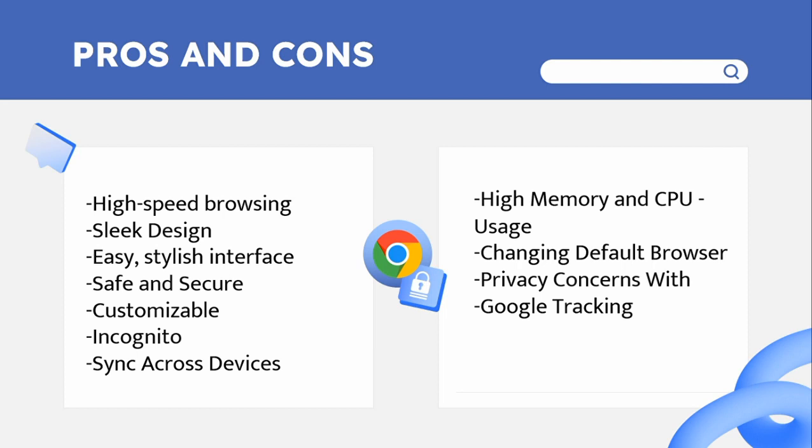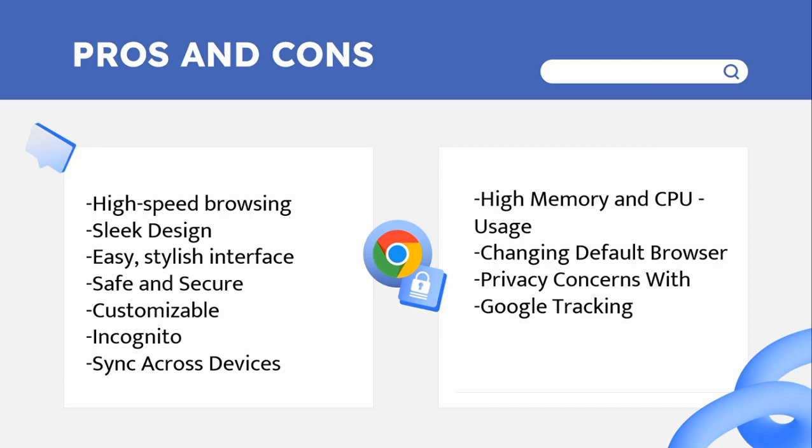Chrome auto-updates to the latest technology when you connect to the internet. In addition to this, Chrome offers protection like blocking dangerous and malicious sites. Next is customizable. Chrome is also easily customizable and comes with a range of apps and themes.